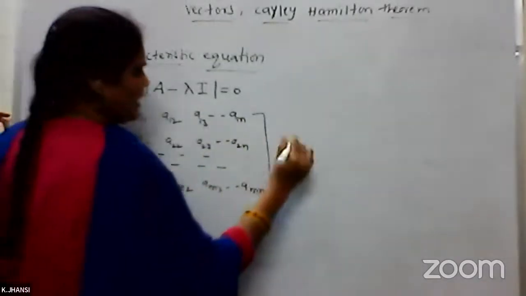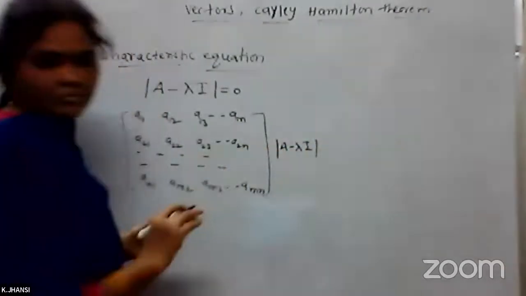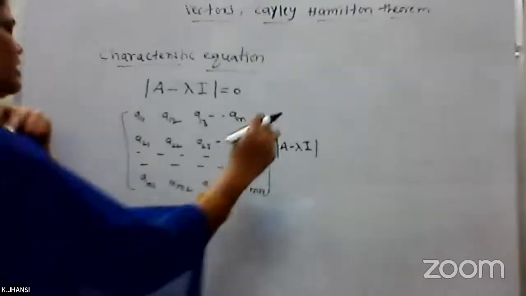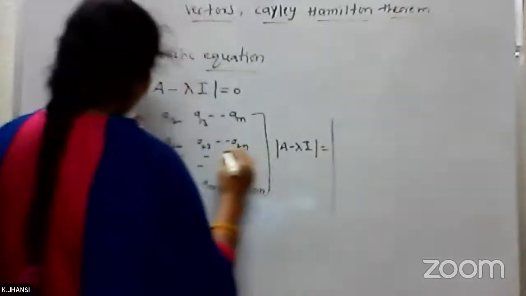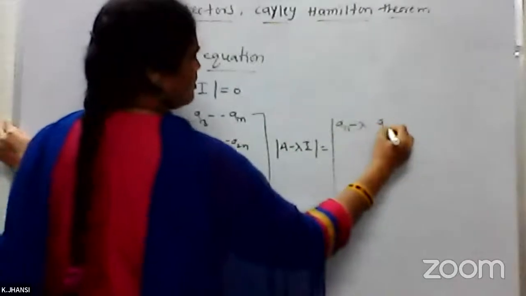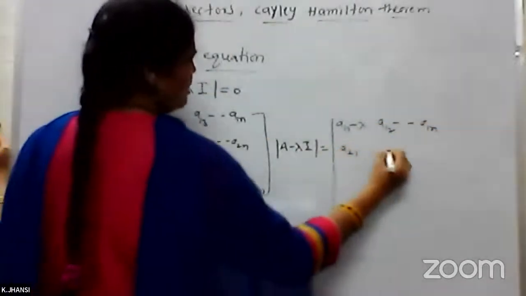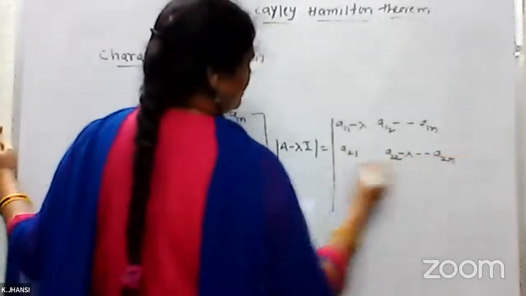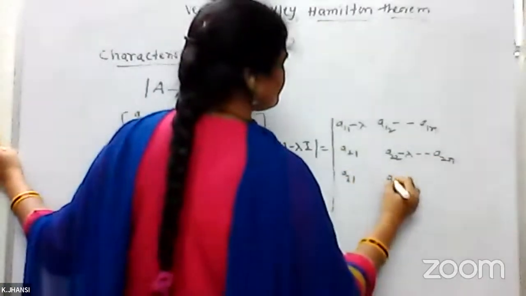If you write A minus lambda I, the determinant of A minus lambda I means you will get the mod of A11 minus lambda, up to A1n, next A21, A22 minus lambda, so on to A2n.